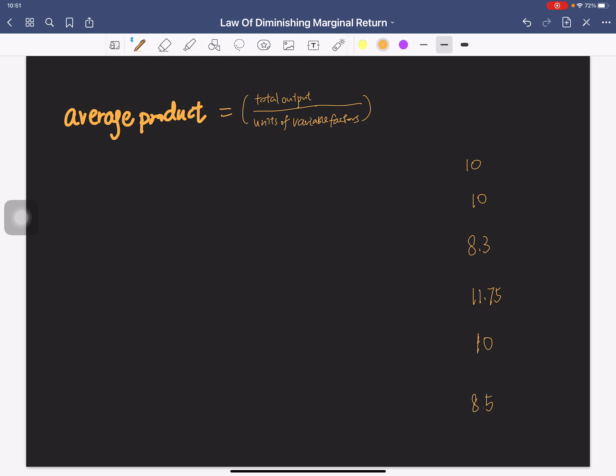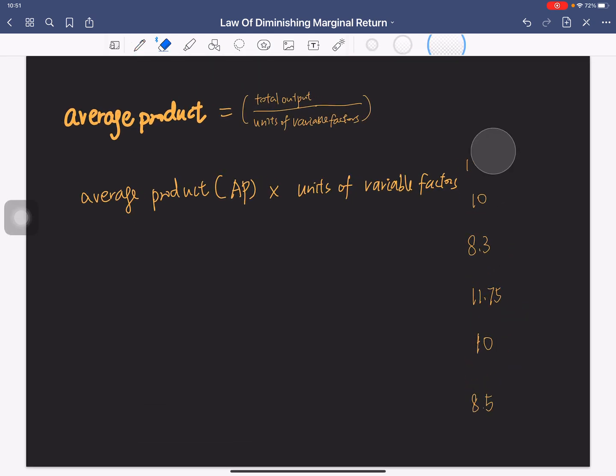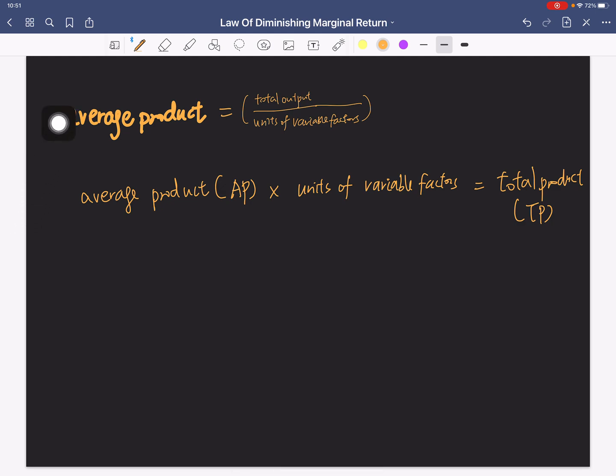We just need to use the average product, abbreviation will be AP, and then we times the units of variable factors. Then we can get our total product, which is abbreviated as TP. So this formula, you have already used it before. We just need to use this one times this one, then we get the total product back.